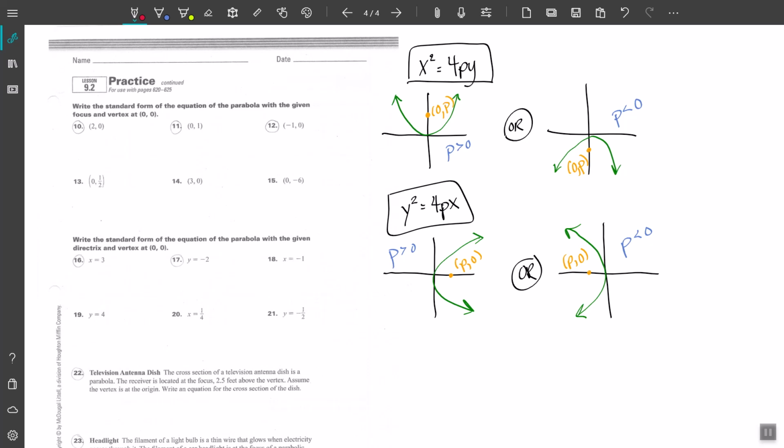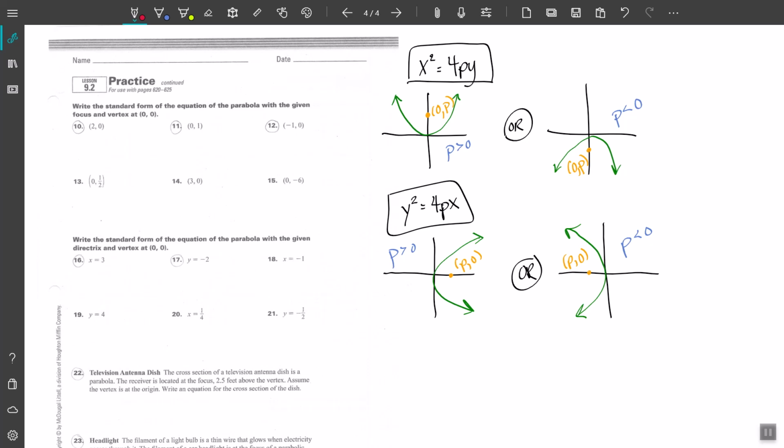So what we have to determine, based on the focus they gave us, since that's all they gave us, is which one of these equations we need to use. So that's step one. If you like to write your steps down, that's step one. When they've given us just the focus, then we need to use that to figure out which equation we're going to use for standard form.